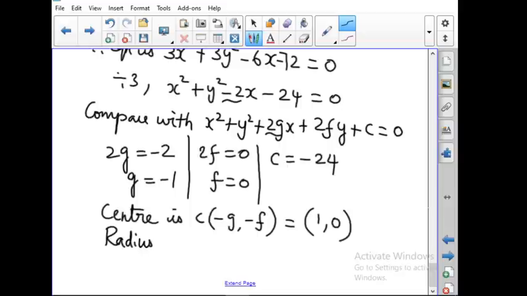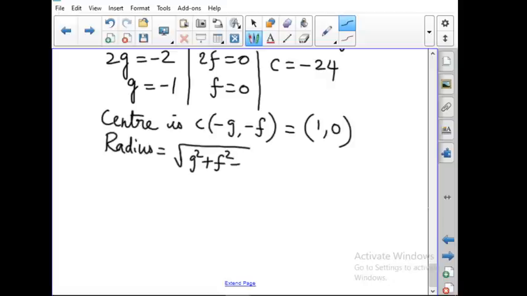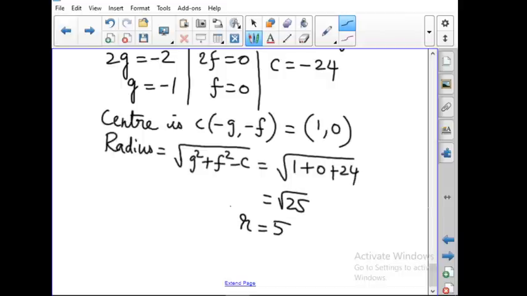Radius formula is root of g square plus f square minus c. So that is root of 1 plus 0 minus of minus 24. So plus 24. So root 25. So radius is equal to 5. So we got the radius and center.